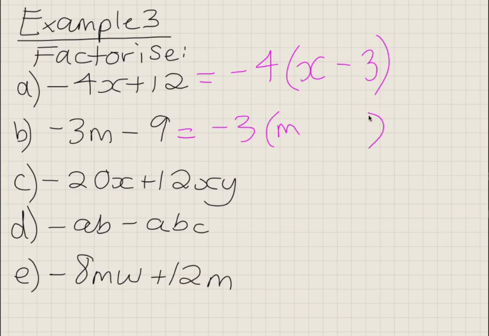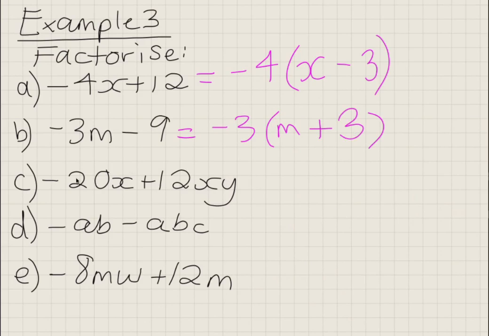And minus 3 times what gives minus 9? Well, it can't be a negative sign here because that would mean this would have to be positive. So this must be positive, and 3 times what is 9? 3. And think, if you expanded it, would that work? And yes, it would work in this case.